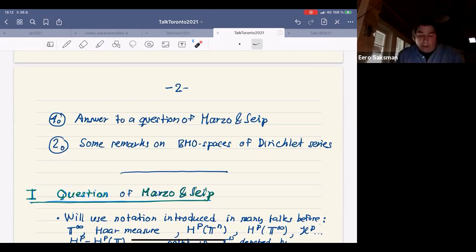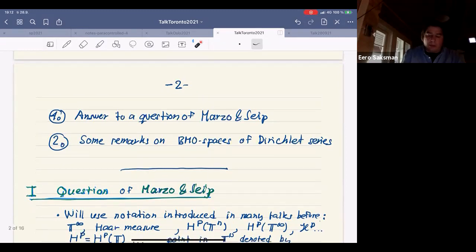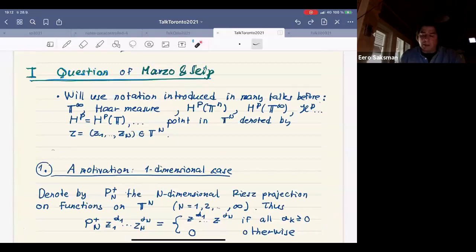So what is this question of Marzo and Seip? I want to recall the notation. So T^∞ with the Haar measure, or the product of the normalized measures.